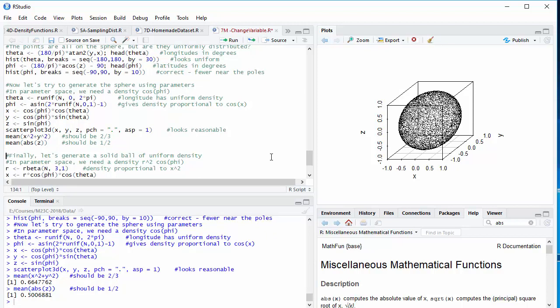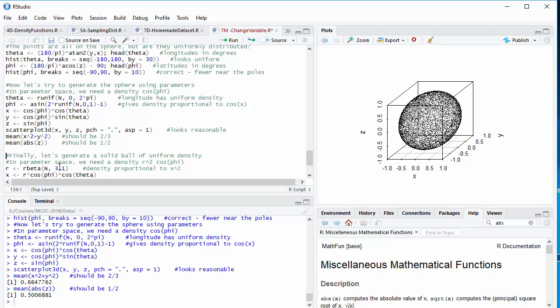Now for the final challenge. Let's see if we can use parameter space to generate a solid ball with uniform density in the original space. And you all know what the Jacobian is. It's r squared cosine phi. So we need a built-in function where the density is proportional to x squared.